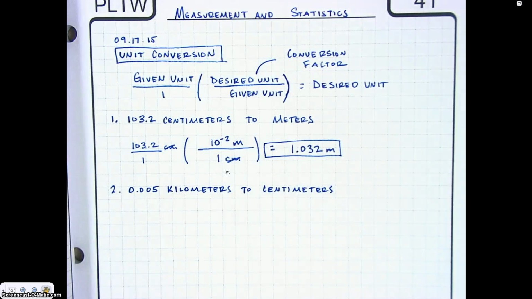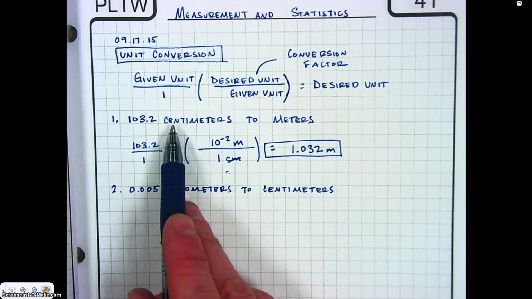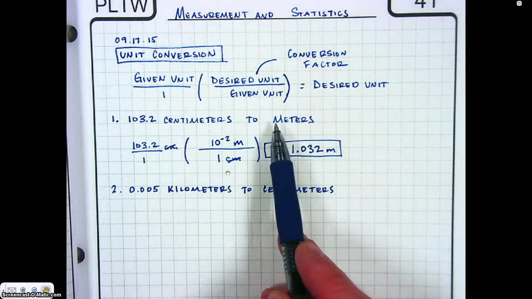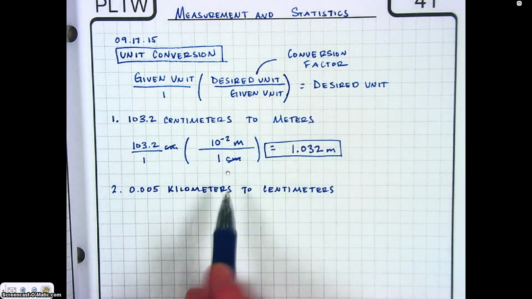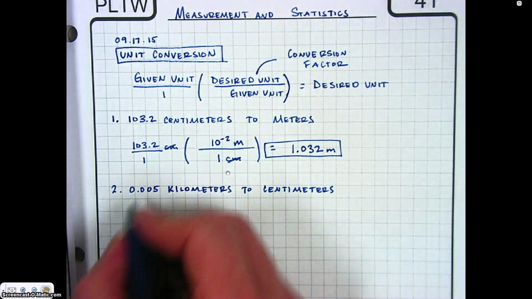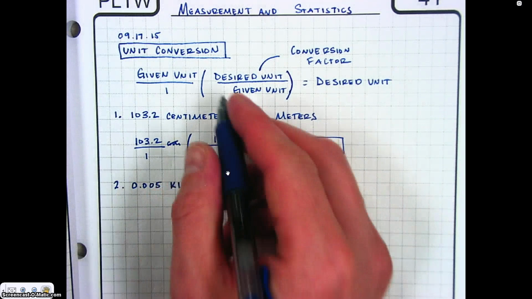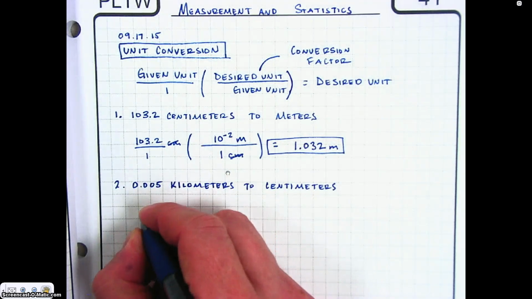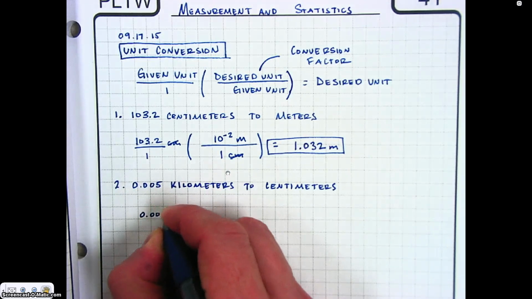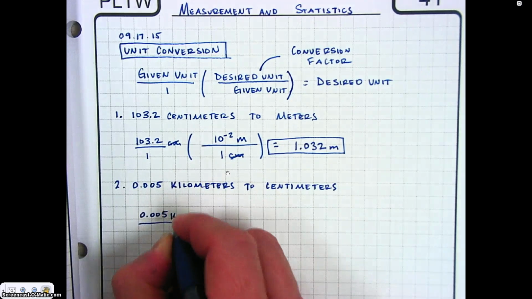And so we have 2 prefixes here to deal with. In the last one we just had centi, and then we were converting that to a standard unit of meters. This time we're converting from kilo to centi. Again, we'll use the same formula. So we have 0.005, I'll put km for kilometers.